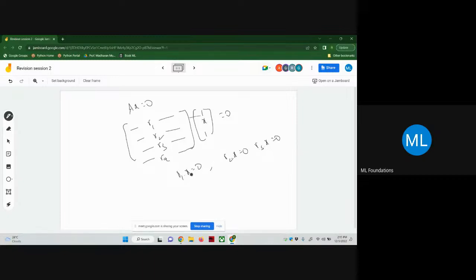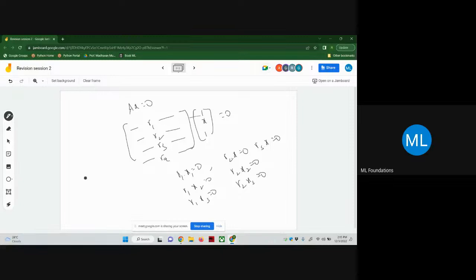Whatever x vector you have, suppose you have x1, x2, x3. Similarly, R1 dot x will be equal to 0, and R2 dot x will be equal to 0, and so on.